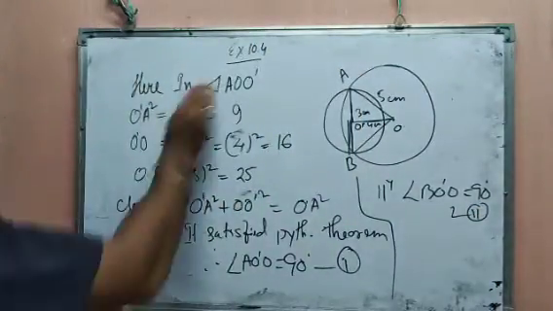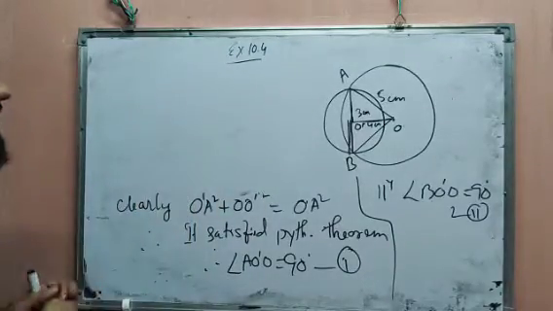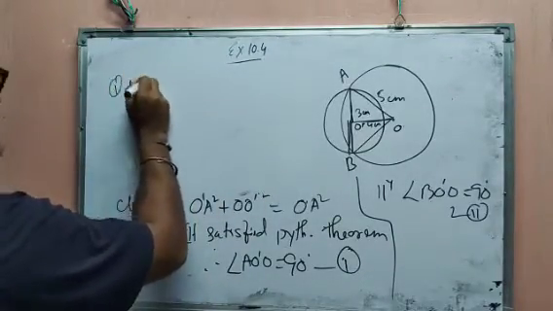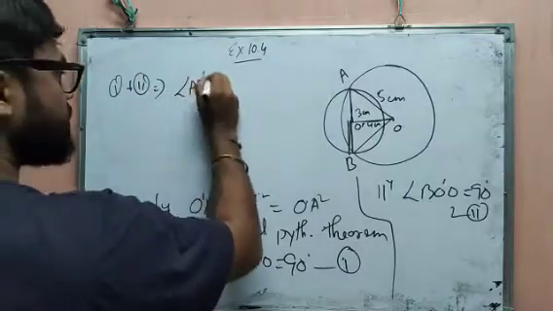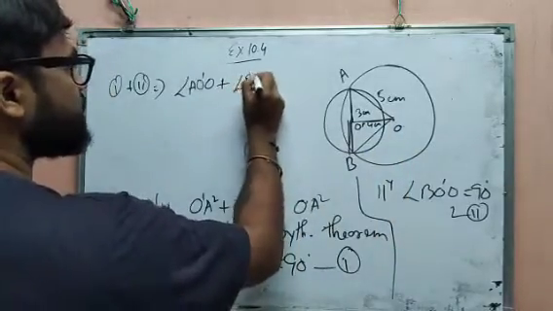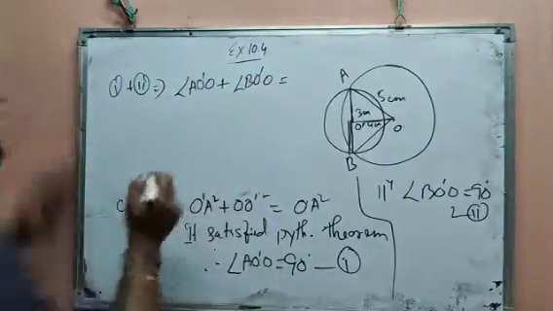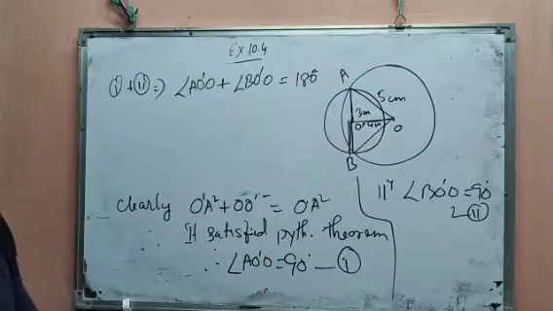Then if you add 1 plus 2, you will get angle AOO dash plus angle BOO dash, which is 90 plus 90, equal to 180 degrees.